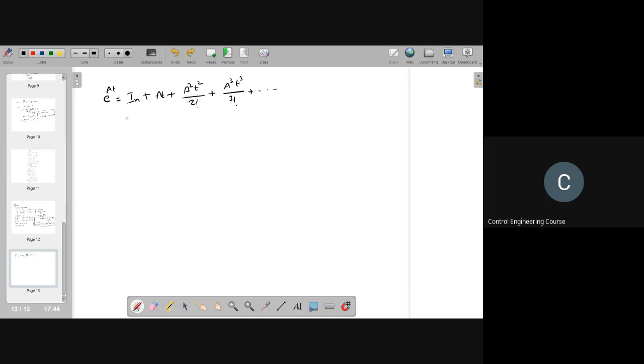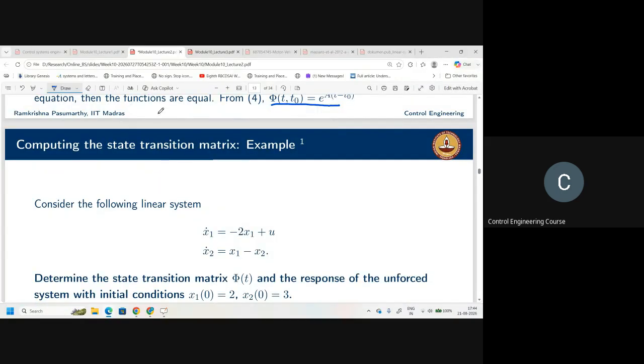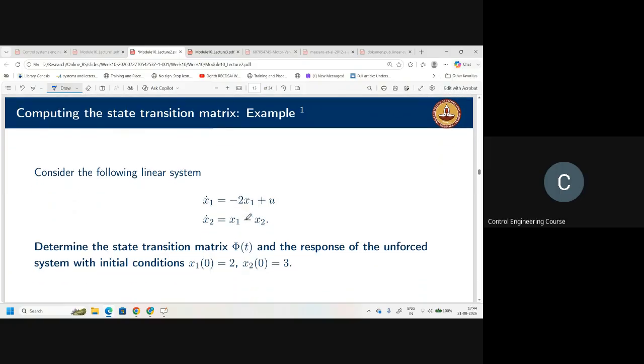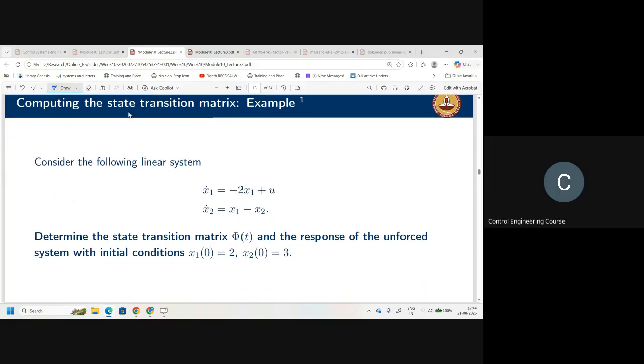Now we will find out how we can compute that e power At. In this example, they have given x1 dot equal to minus 2 x1 plus u and x2 dot is equal to x1 minus x2. From this we can write the state equation in matrix form, x1 dot, x2 dot.